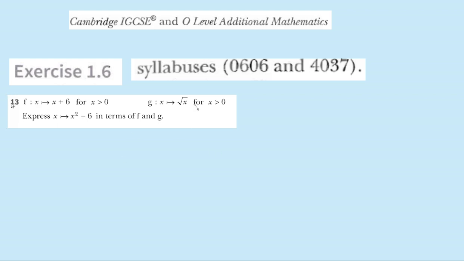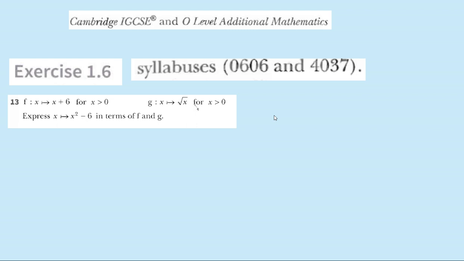You can see question number 13: f of x is equal to x plus 6 for x greater than 0. g of x is equal to root x for x greater than 0. Greater than 0 means always positive. Express x maps to x square minus 6 in terms of f and g.